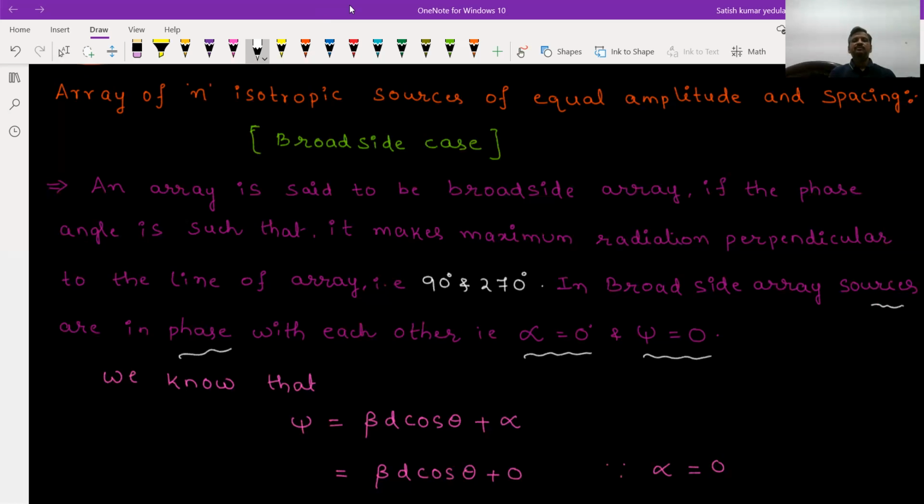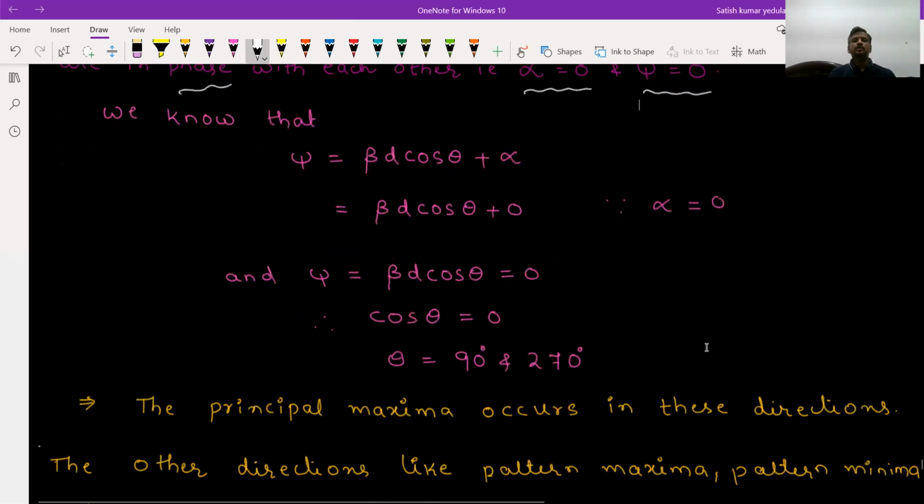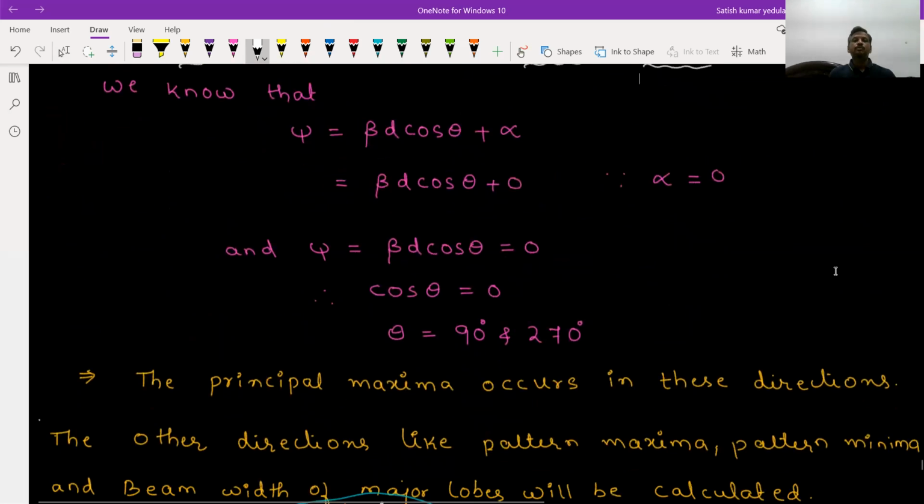In the analysis of 2-point arrays, we already came to know that psi is equal to beta d cos theta plus alpha. Beta d cos theta is the general phase difference and alpha is the extra phase difference that we give at the time of excitation. But this extra phase difference alpha will be equal to 0 because all the elements are in phase with each other.